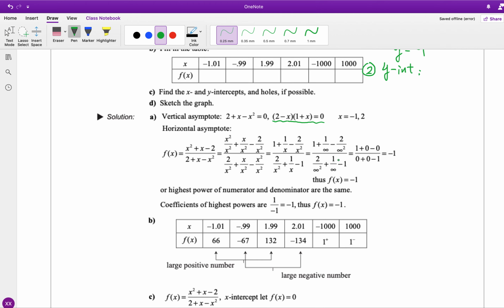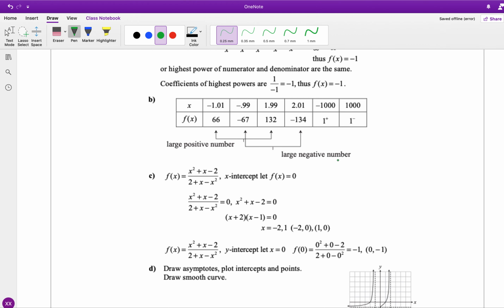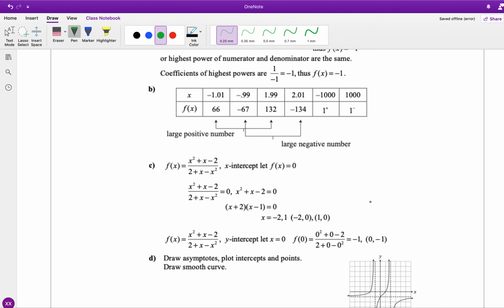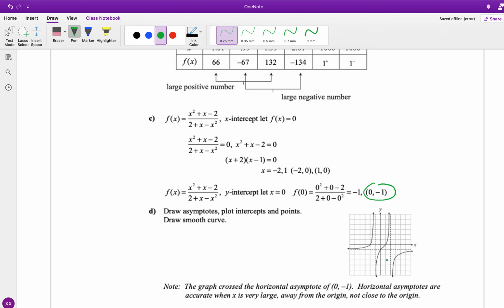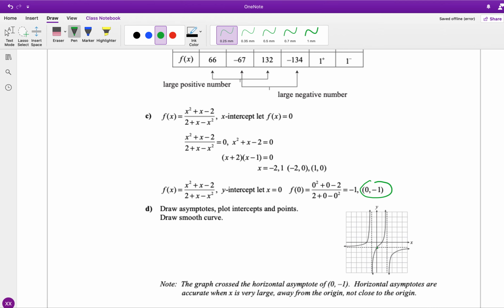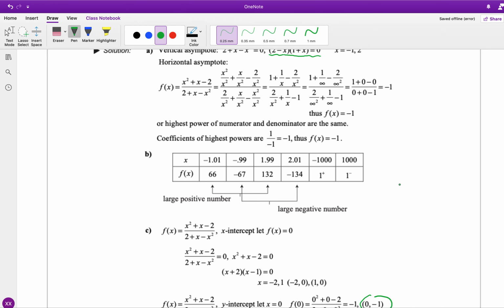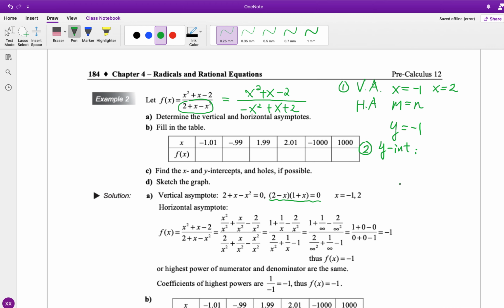So when x equals 0, y is negative 1. So this is my y-intercept, and I'm just going to put it here. That's what I always like to do. So my y-intercept is (0, -1).